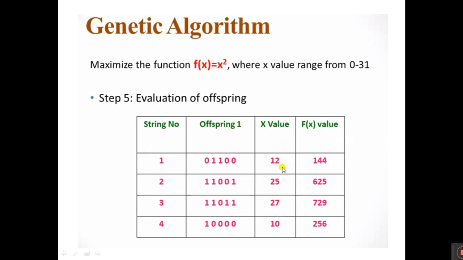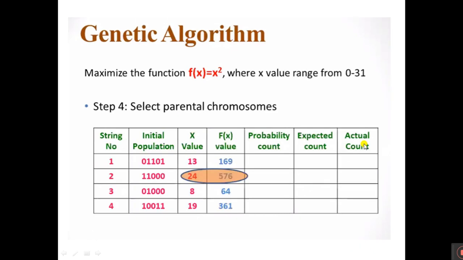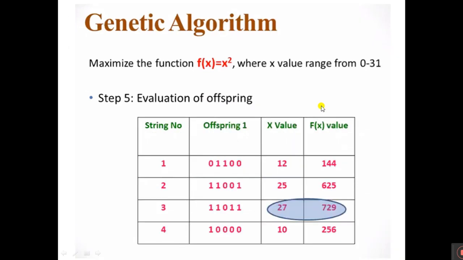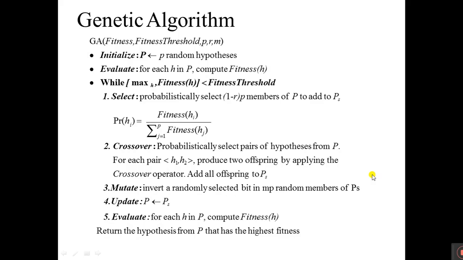Its corresponding binary value is this one, f of x value is this one. So for these 4 strings, I am getting 144, 625, 729, 256. Right? So the parental chromosomes look like this. So by comparing with the original values, now I am getting the values.